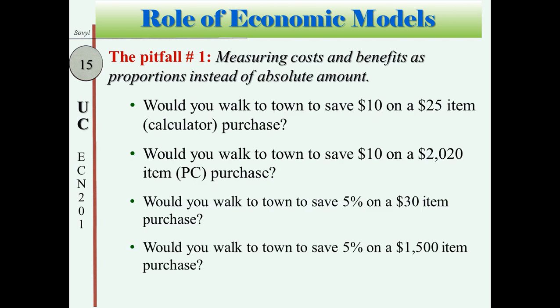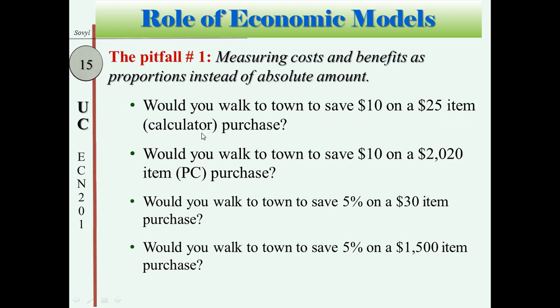Let's see. I have 4 questions, but the first and second question are the same situation. The third and the fourth question are the same situation. That's why I have 4 questions, but 2 cases. Okay, look at the first 2 questions. Would you walk to downtown to save $10 on a $25 item?